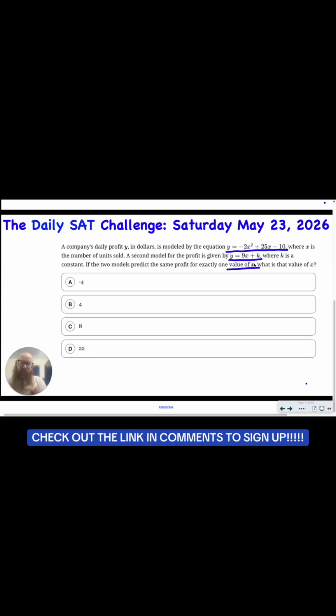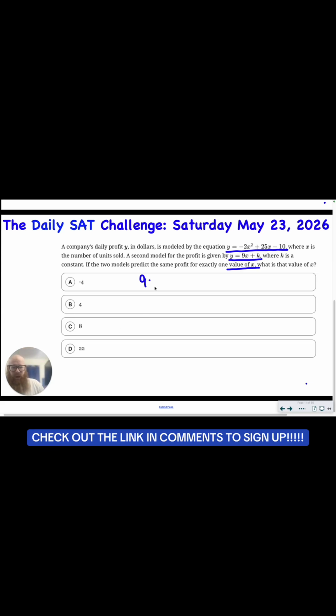Now, we could set them equal to each other, get everything on one side to use the discriminant. The discriminant is extremely important. I was thinking they were asking for the value of k, but it wants the value of x, so I am going to use the discriminant.